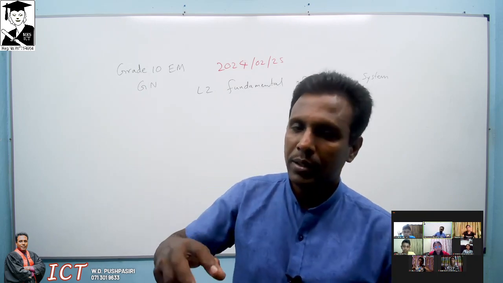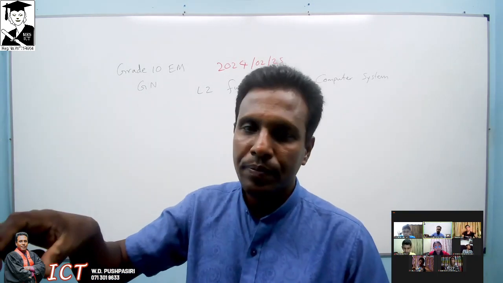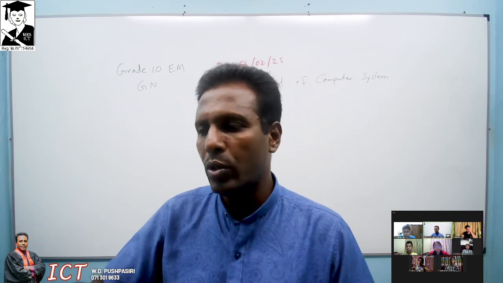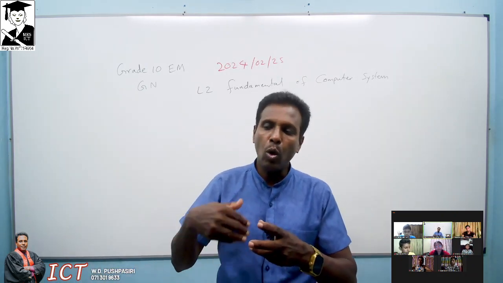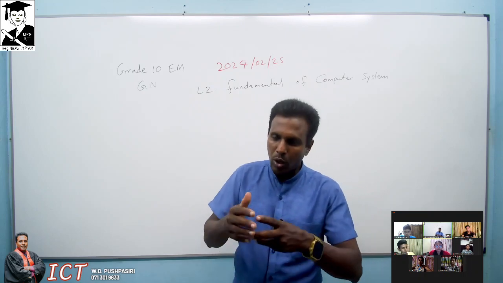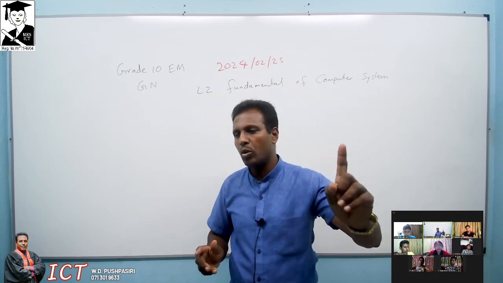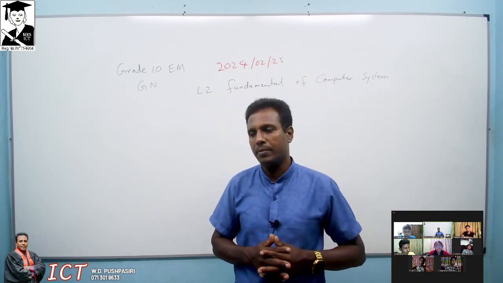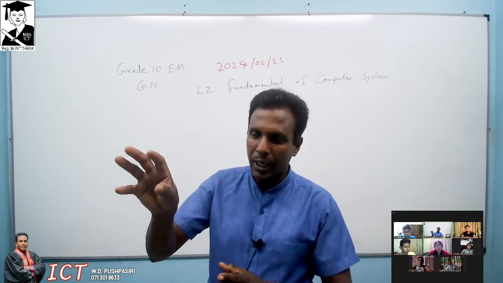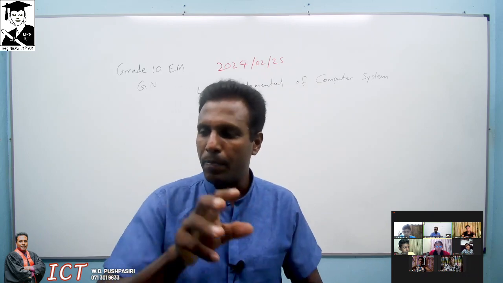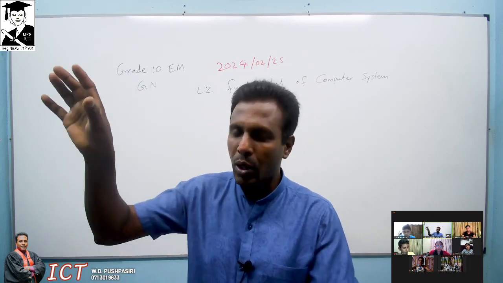So that means a system has many subcomponents or subsystems which are working in their own way, but all are working together towards a common goal. That's what we call a system, right? So a school is a system, but there are different components in the school. Students are there, they work their own way.